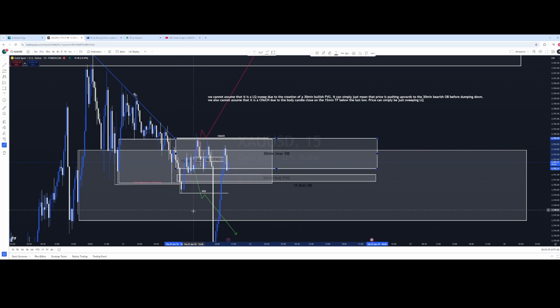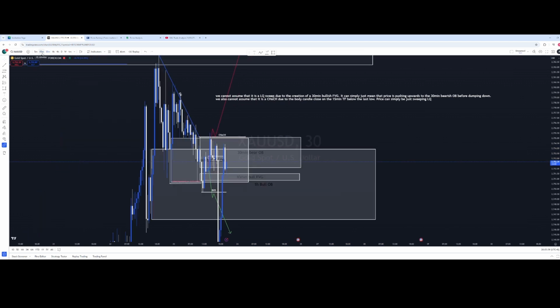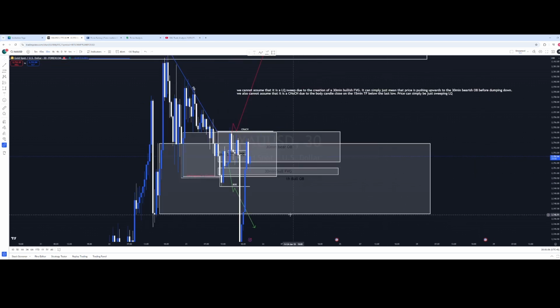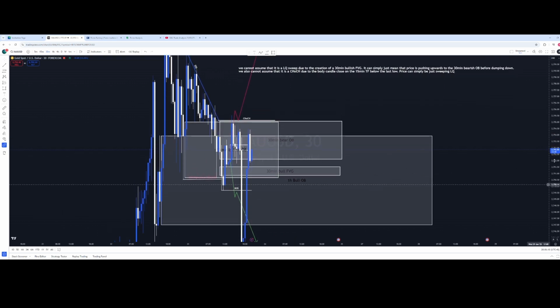So you see price hit upwards on the 30-minute time frame and respected the 30-minute bullish fair value gap. Let's say it's a liquidity sweep.